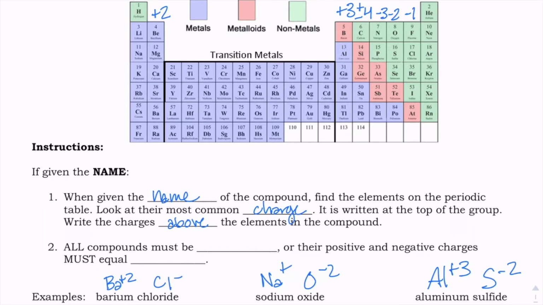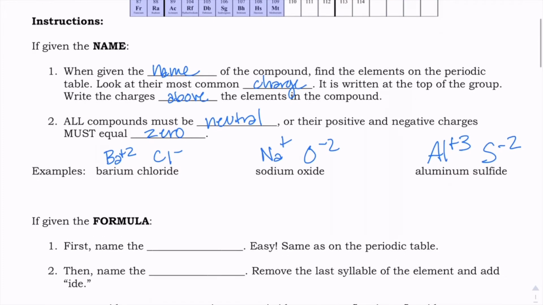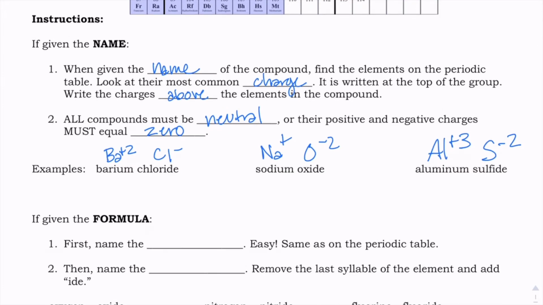So all compounds must be neutral, or their positive and negative charges must equal 0. So for every single one of these compounds, you have to have 0 charge. So in order to get barium chloride to cancel out, you have 2 positive charges from the barium.